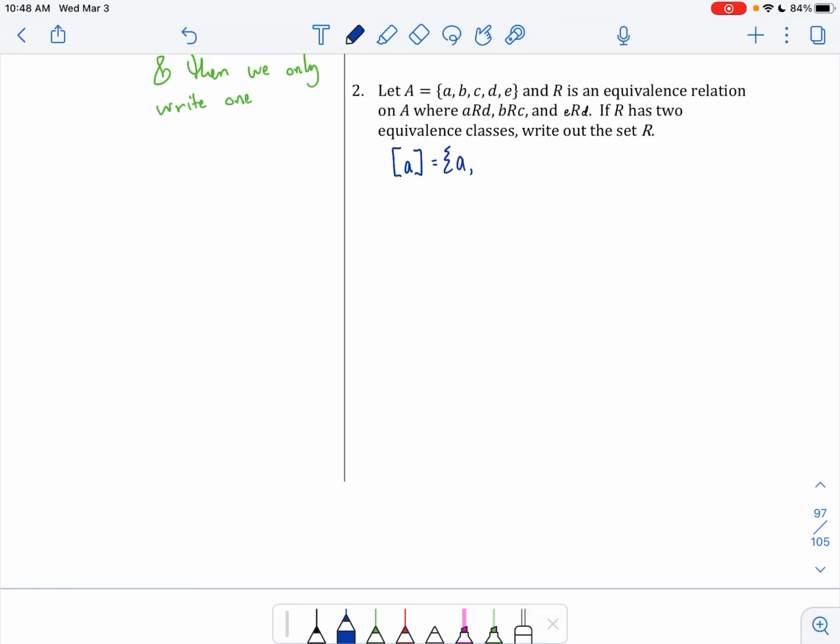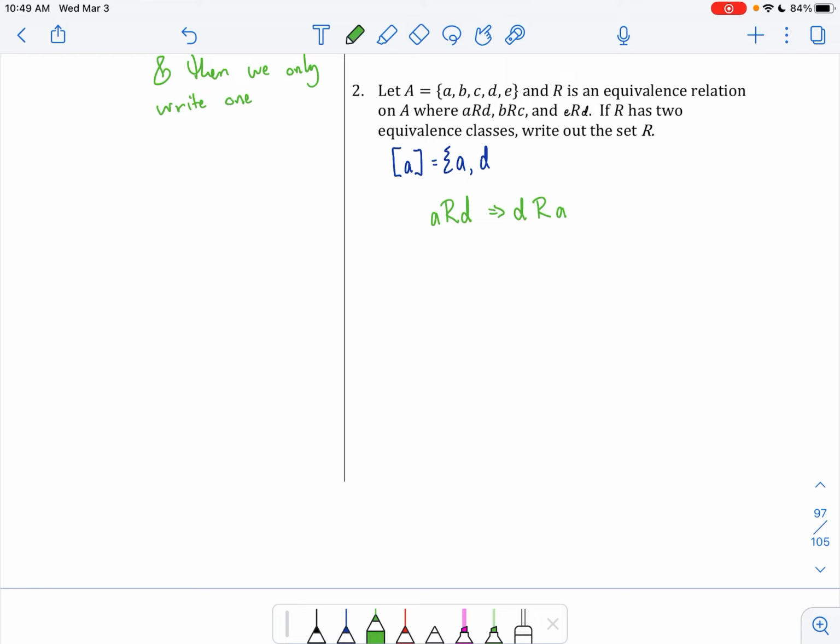And then what I'm going to look through with these sets is, since I know (a, d), by the symmetric rule, that implies that (d, a) is also in the set. So here, we know that d is an element of the equivalence class of a.